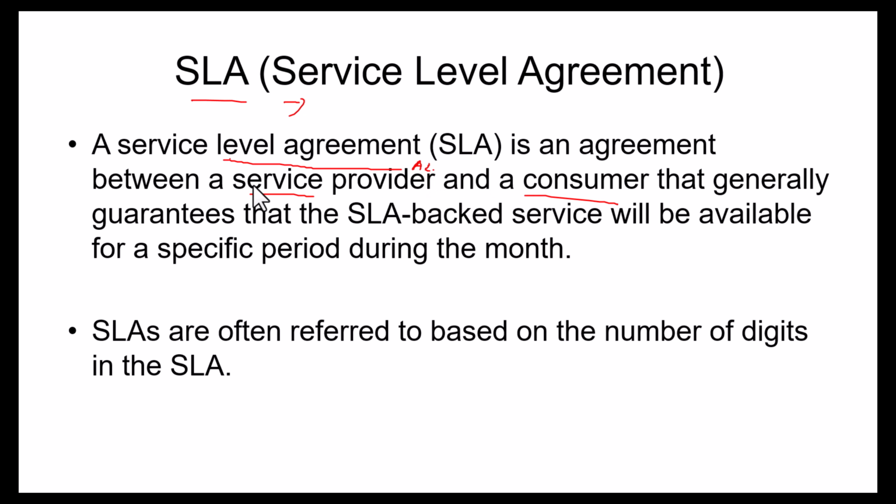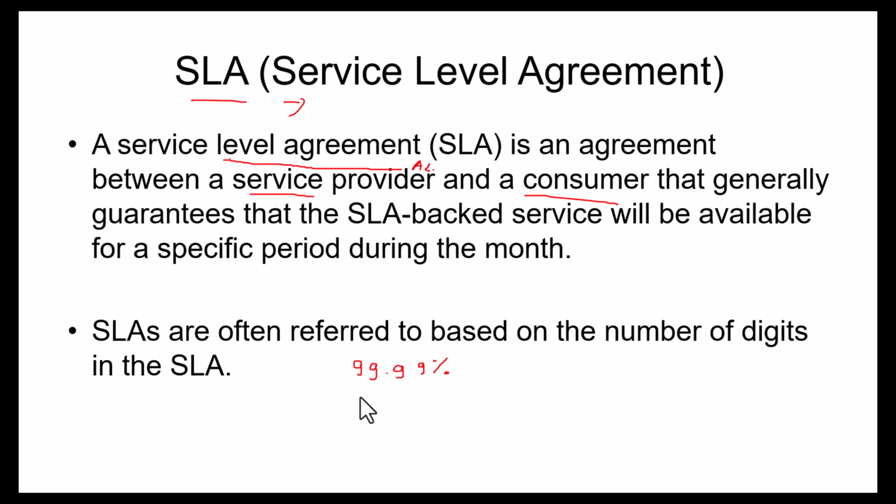Another point we should note is that SLA is described in terms of digits. For example, if I have a virtual machine deployed in an availability zone, that particular virtual machine will have the SLA of 99.99%.